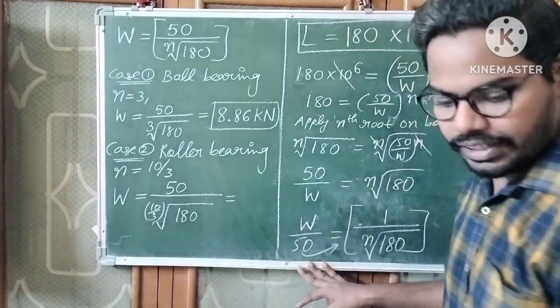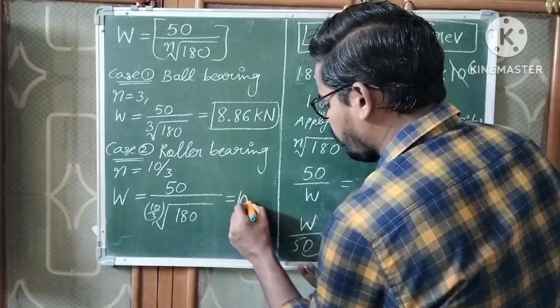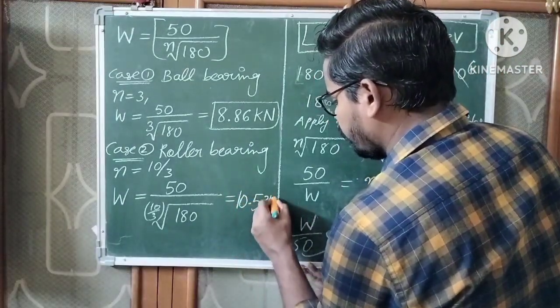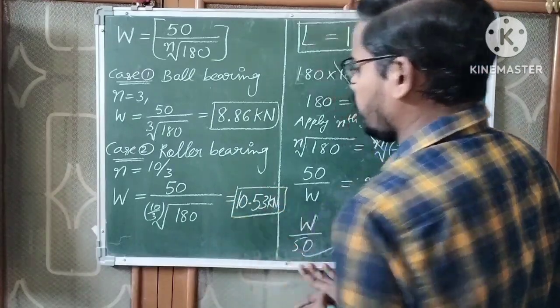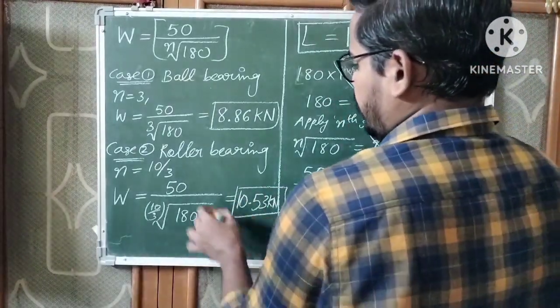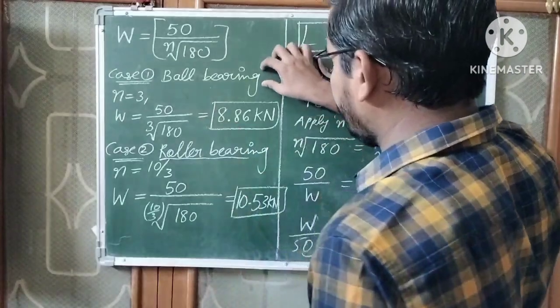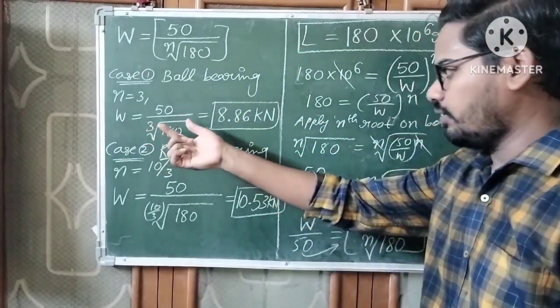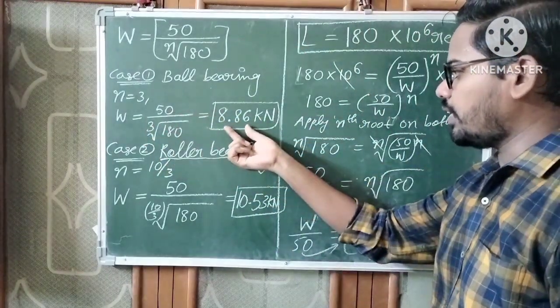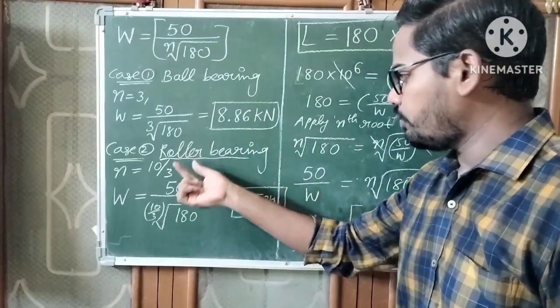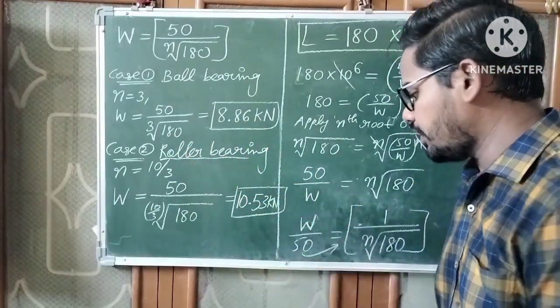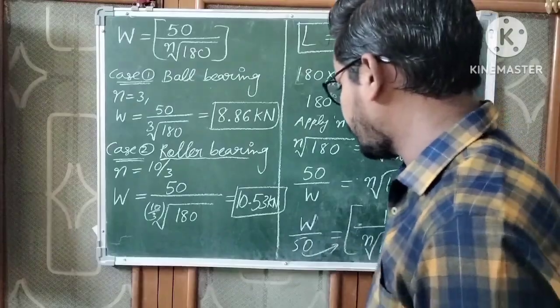If you calculate, you will get around 10.53 kilonewton. So if it is a ball bearing, the equivalent dynamic load is 8.86 kilonewtons. If we consider a roller bearing, the equivalent dynamic load is 10.53 kilonewton.